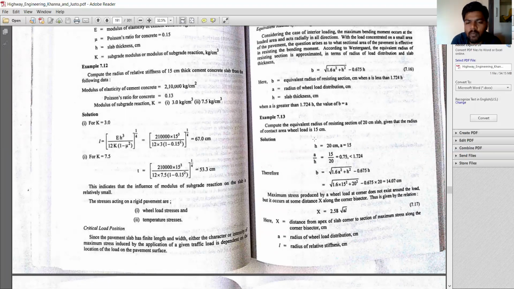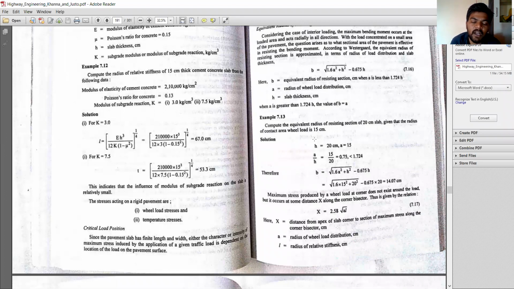Hence, applying the formula, B is equal to root of 1.6 A square plus H square minus 0.675 H. Just substitute the A value and H value, you will get 14.07 centimeter as the equivalent radius of resisting section.